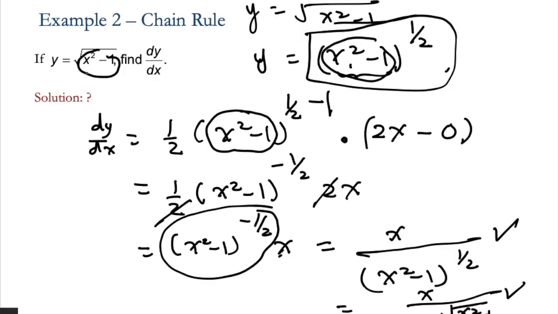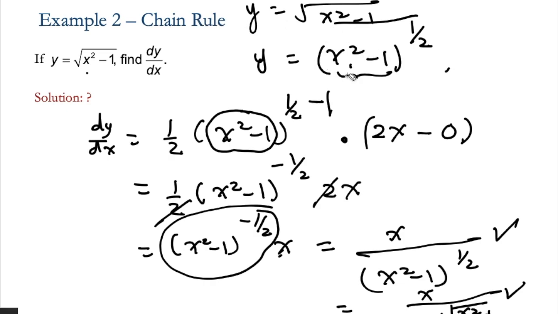If you see this one, we did chain rule, but specifically power rule, so that you can see why it is called power rule, specific for chain rule. The original equation looks like this, but I can convert it to this because this is just similar to this. Can you see the power here?